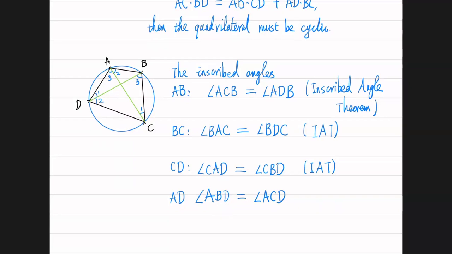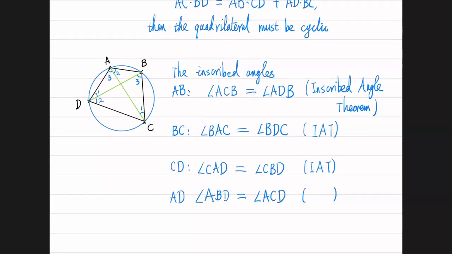Because of the inscribed angle theorem. For this reason, I'm going to label these two angles angle 4. Angle 4. Okay.